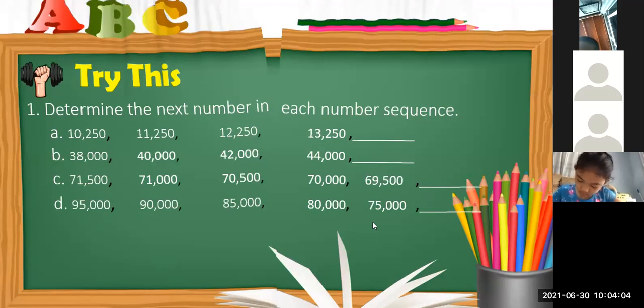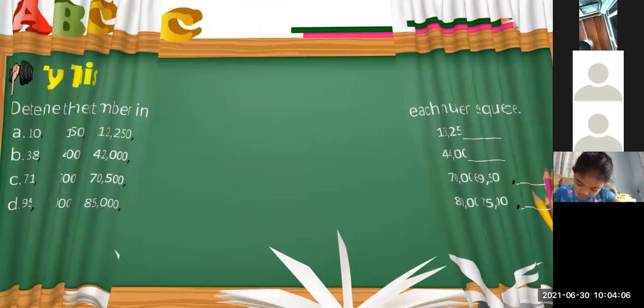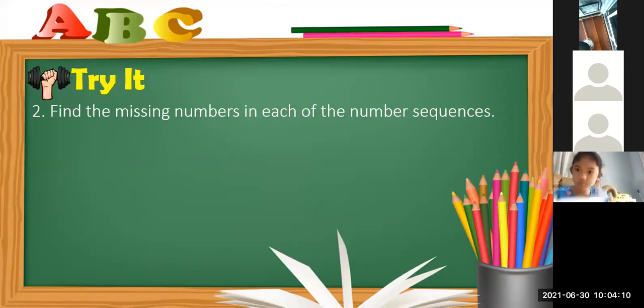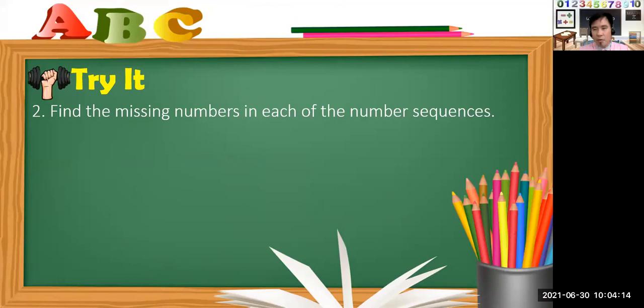And on page 16, number 2, you will find the missing number in each of the number sequences.